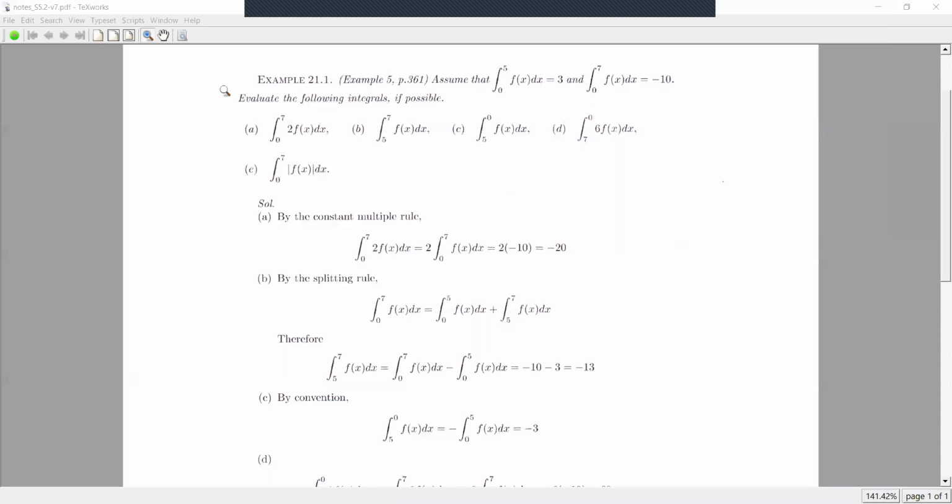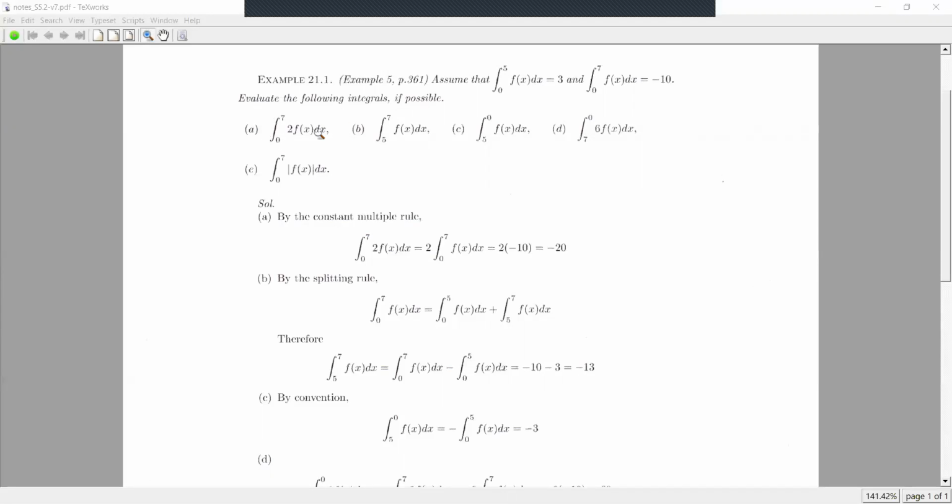Now, let's look at some examples about the properties. Example 1. Assume that the integral from 0 to 5 of the function f is 3, and the integral from 0 to 7 of the same function is -10. Now, the question is to evaluate the following integrals if possible.